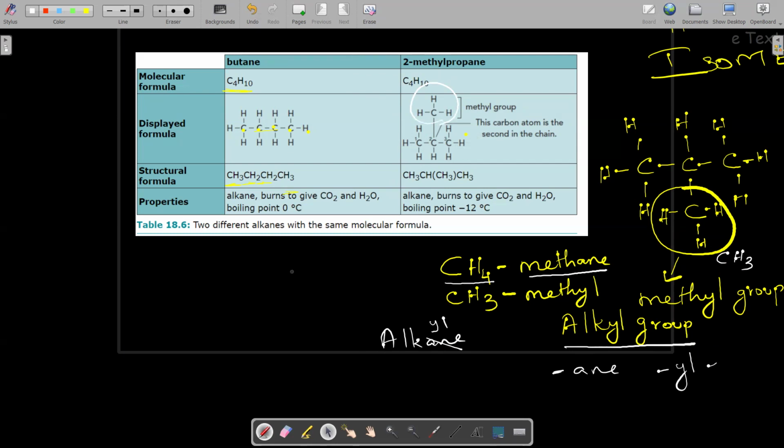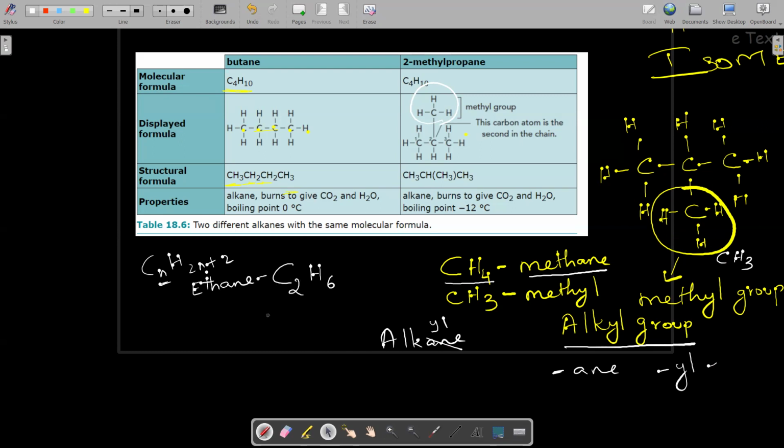Let's say you have ethane, C2. CnH2n plus 2, so the number of carbon atoms is 2. Two twos are 4, 4 plus 2 is 6. So the molecular formula of ethane is C2H6.